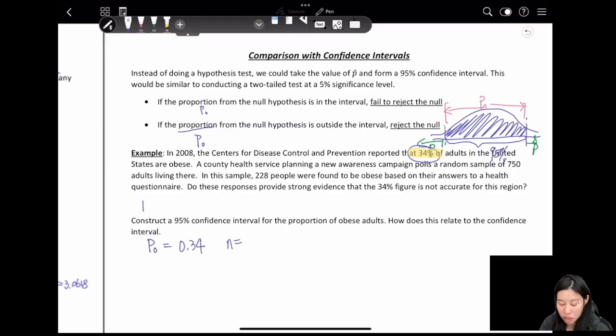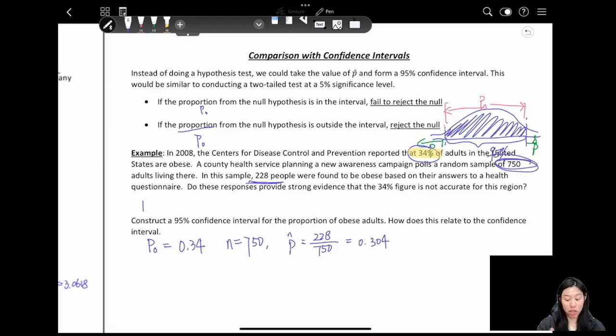In the county's health services, they sampled 750 people. And then what would be our p hat? Among the 750 people that they interviewed, 228 people were found to be obese. So we have 228 divided by 750, which equals 0.304.